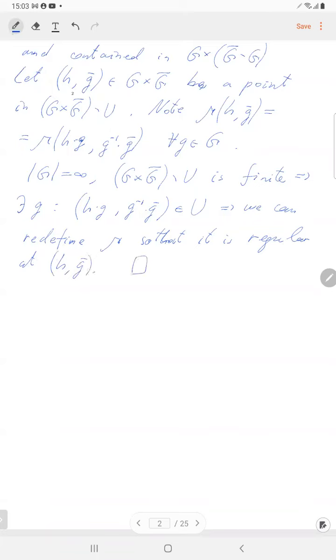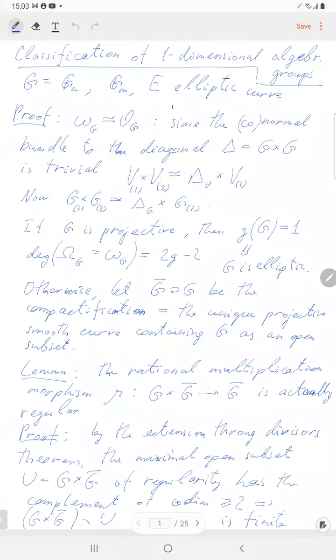Okay, so we proved that it is defined everywhere. This was the proof of this lemma, that this rational multiplication morphism is actually a regular multiplication morphism.